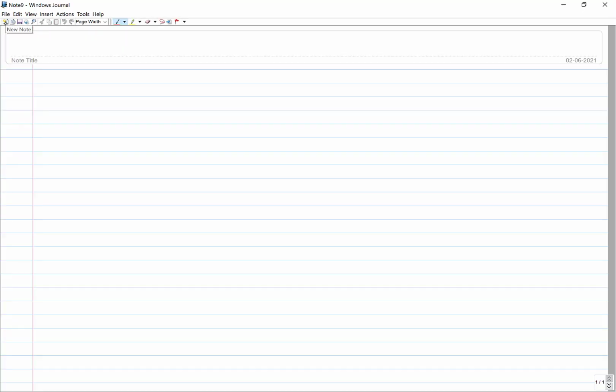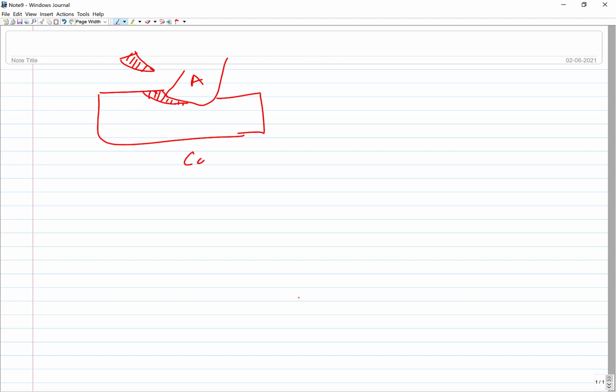One simplest case is where the material is simply removed by the abrasive in the form of chips like this. So this is the workpiece, this is the abrasive, and this is the material which is experiencing the shear stresses and getting removed. This kind of action is called cutting.